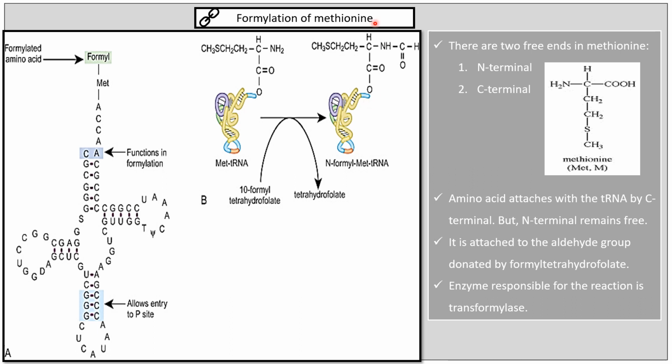So this formylation of methionine occurs only in prokaryotic cell. Later on, this formyl group is also removed by deformylation process after the process of translation, right? So this was the pre-preparation for the protein synthesis process.